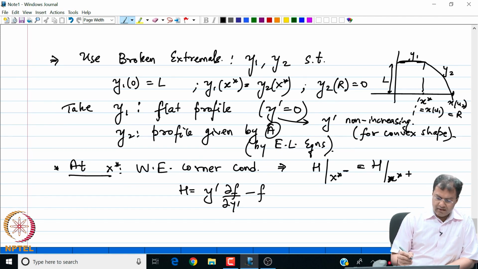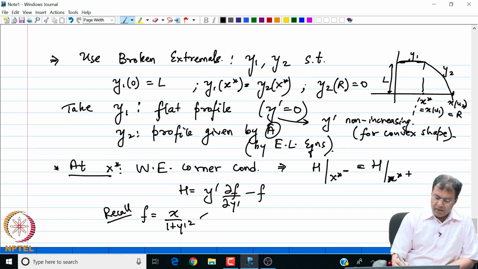So the question is, what is this h? Recall that in this aerodynamic problem my f is x by 1 plus y prime square.